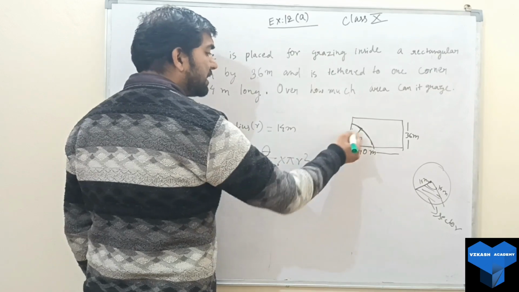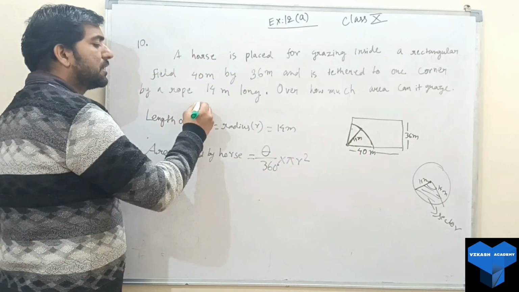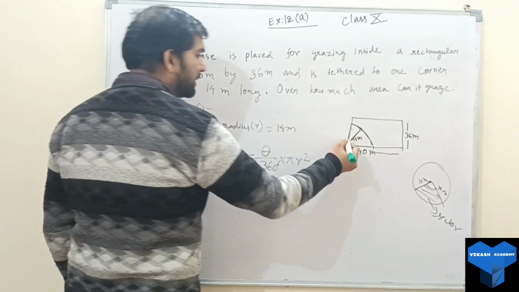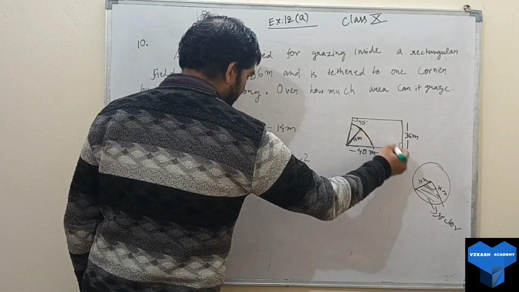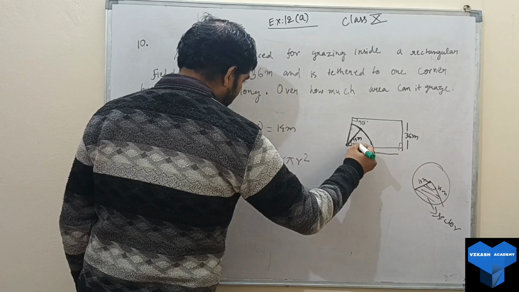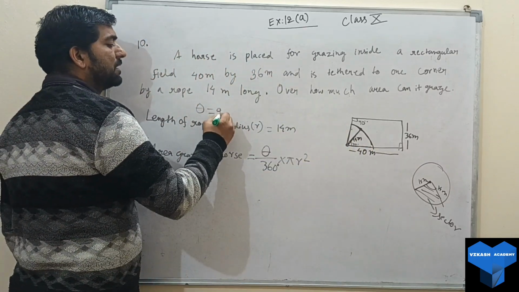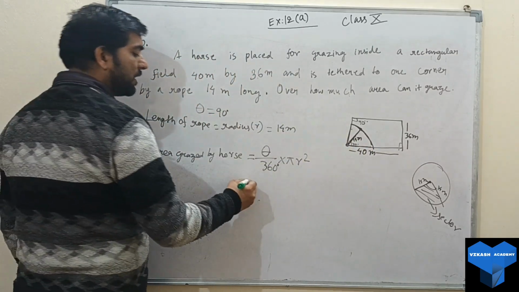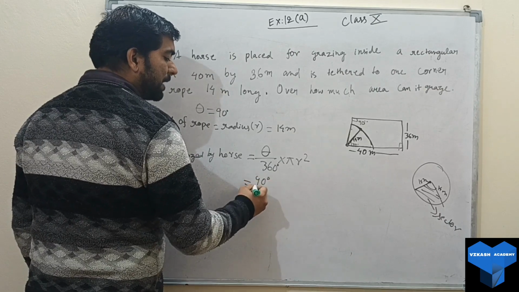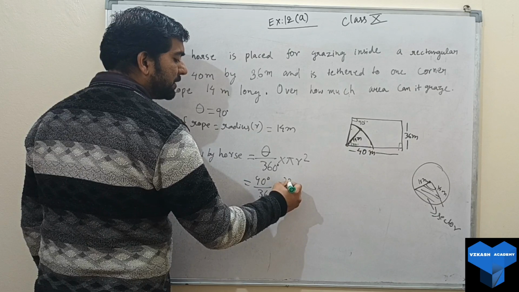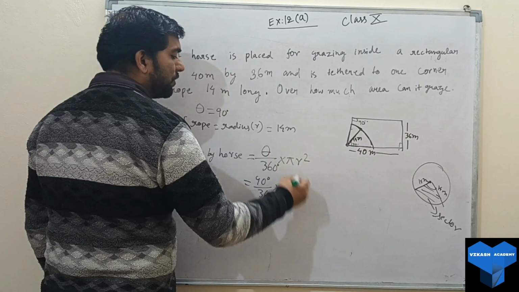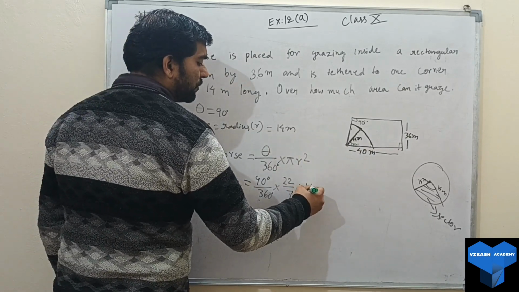So in a rectangle, theta is nothing but what? You already know in a rectangle each angle is how much? 90 degree. So this angle also will be 90 degree. That's why theta will be 90 degree. Substitute the values: 90 degree by 360 degree into pi, which is 22 by 7, R we got 14, into 14 square.